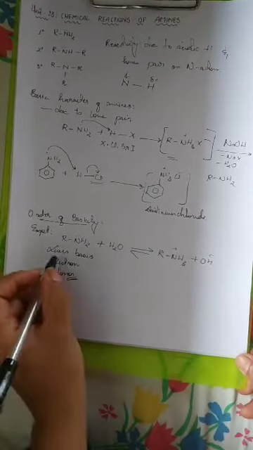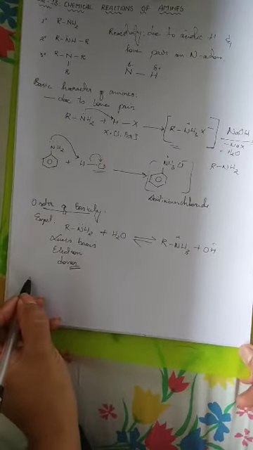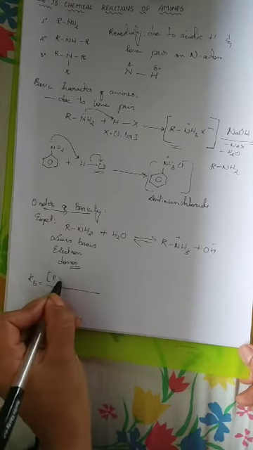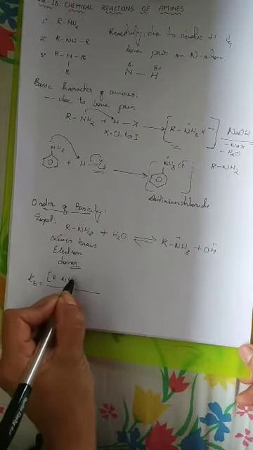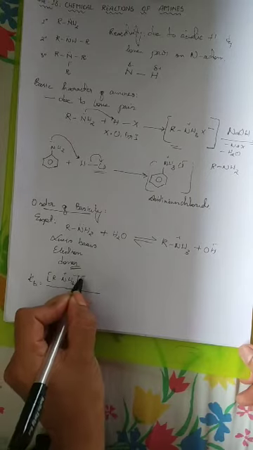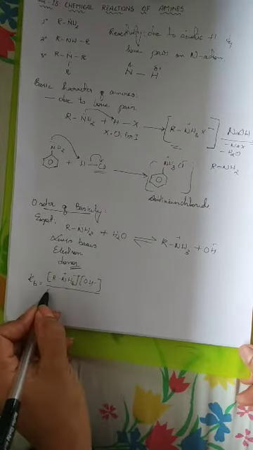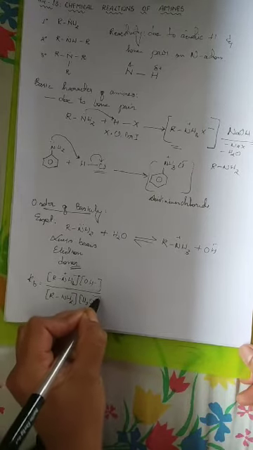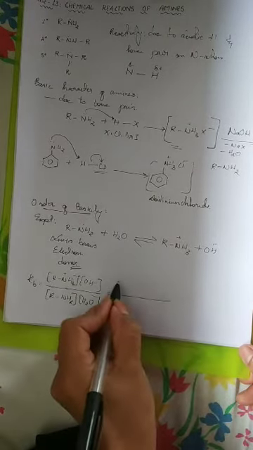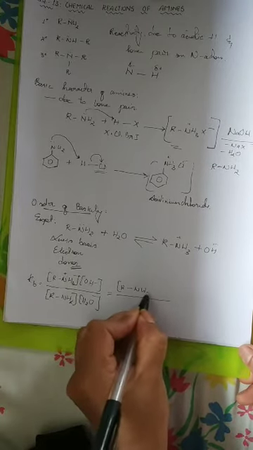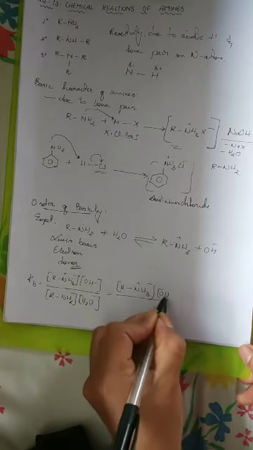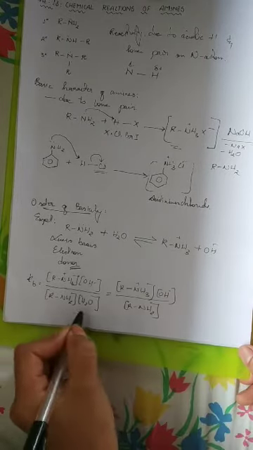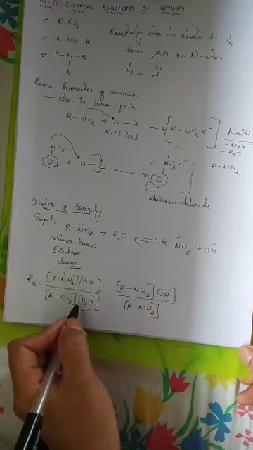Now from here, we take the equilibrium constant, Kb, and the equilibrium constant can be written as here. Again, this equation can be rewritten as, where the concentration of the water molecule is neglected.